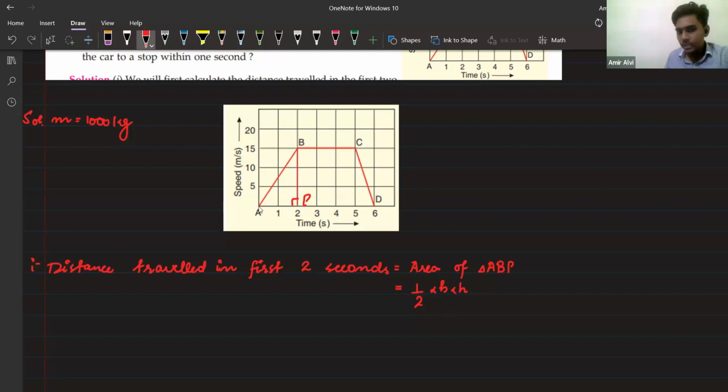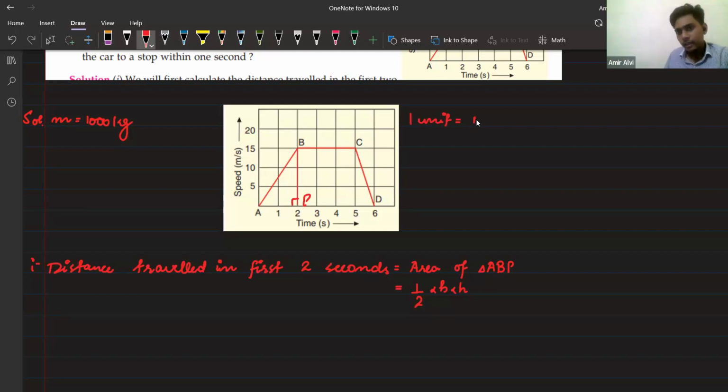So the value of AP is, you can see this thing, AP is nothing but 2 units. It means that 2 seconds, 1 unit is basically representing, I'm writing it here, 1. Because sometimes you have to mention it. When the graph is given to you, you have to mention the unit.